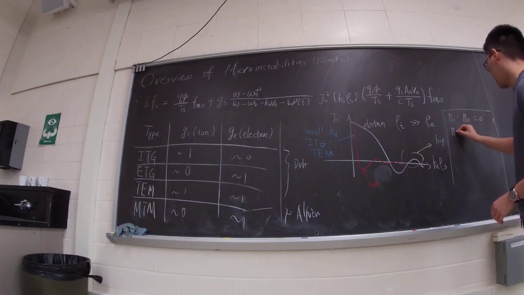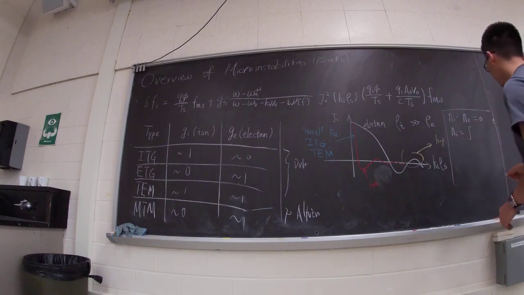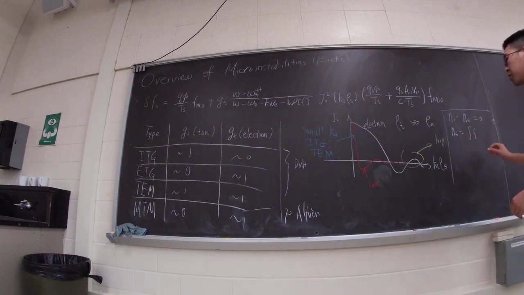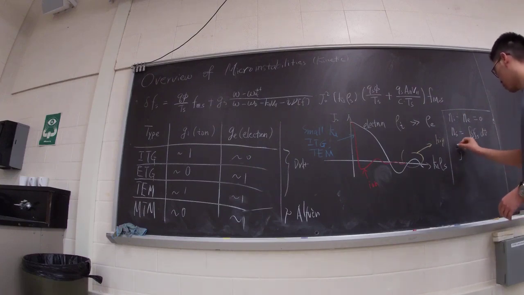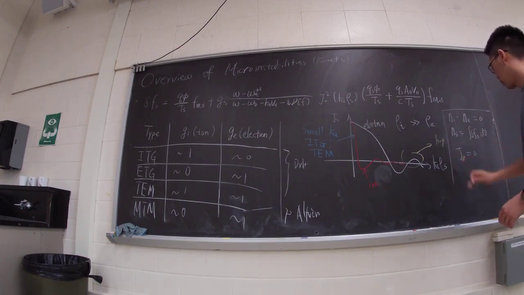That can be done by just taking the zeroth moment of the distribution, or the current, specifically for MTM.